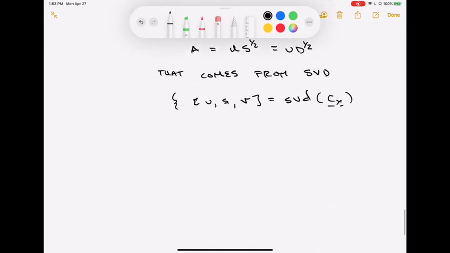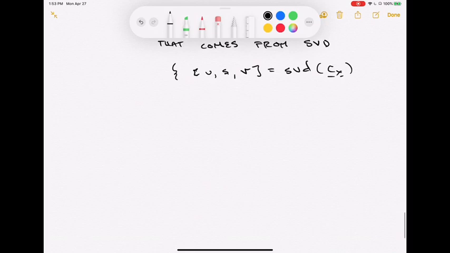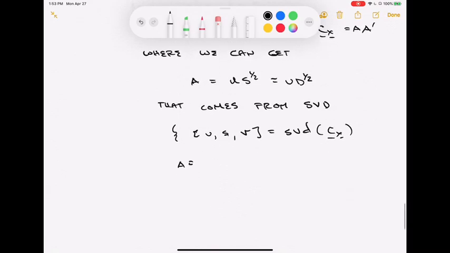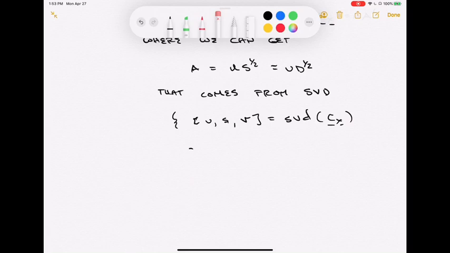Once we have that then, what can we do? We can use that to transform a standard normal vector into an arbitrary one, and be able to use all the benefits of having that standard normal as well. So A is equal to U times the square root of D.